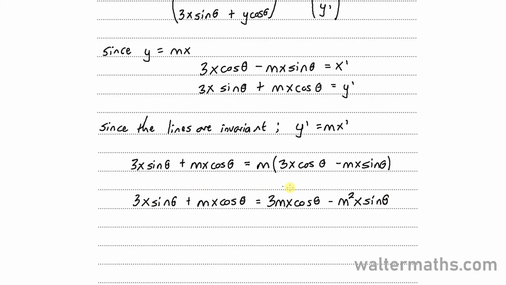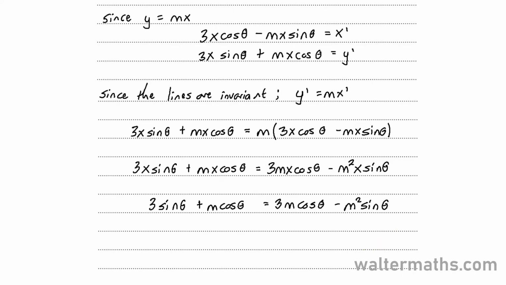Now all the terms here are in terms of x, so we can actually divide all the terms by x, so that we'll be having 3 sine theta plus m cos theta is equal to 3m cos theta minus m squared sine theta.